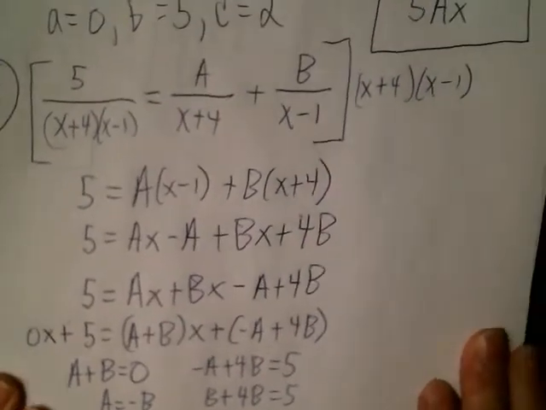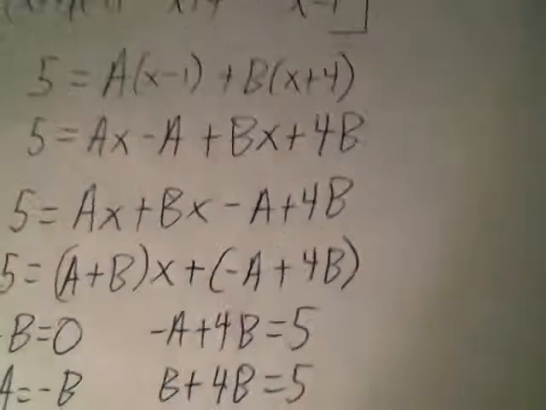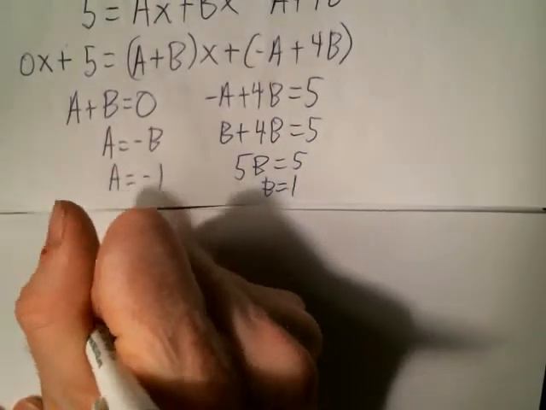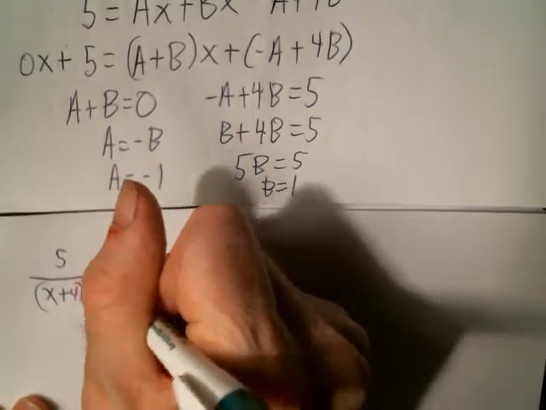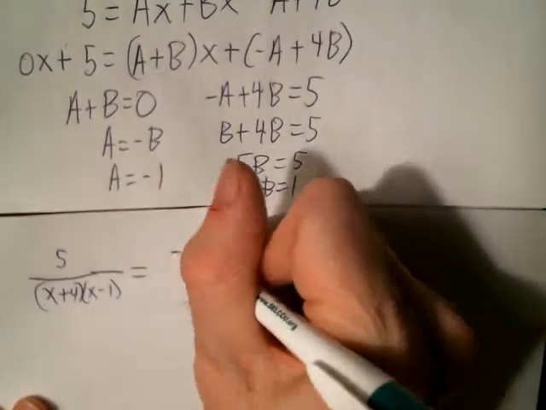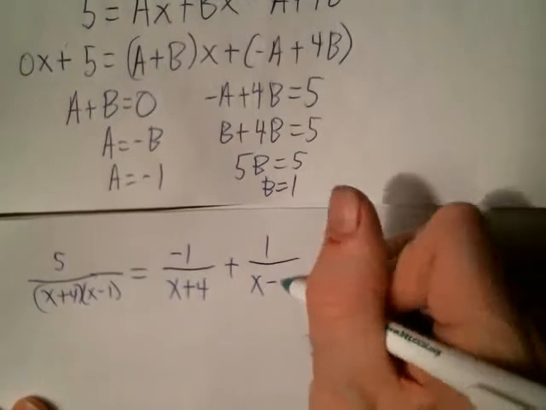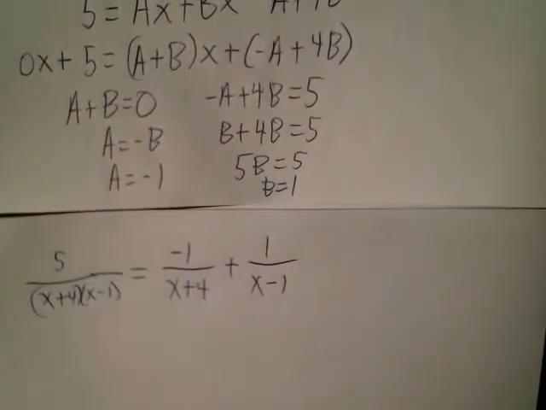And that does it. That tells us the partial fraction decomposition. In other words, 5 all over x plus 4 times x minus 1 is equal to negative 1 all over x plus 4 plus 1 all over x minus 1. Okay, so that's the hard method, but it always works.